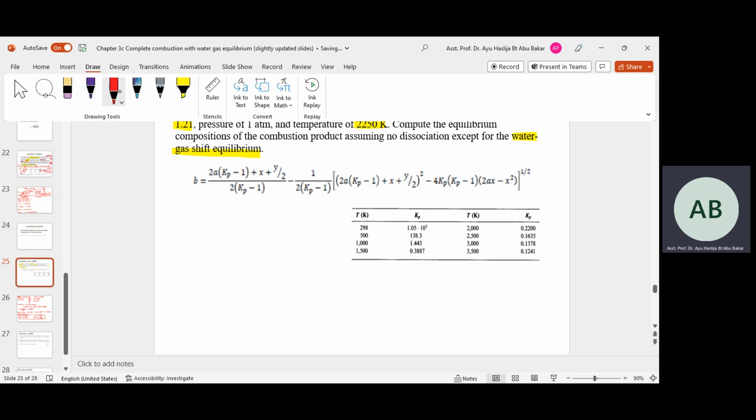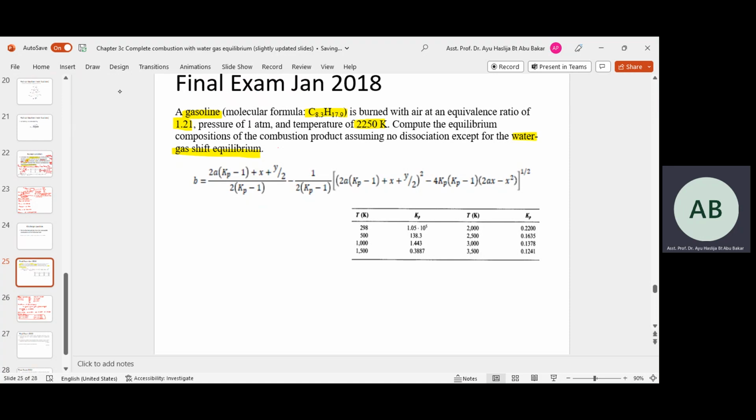From that statement, it shows that this is incomplete combustion, because water gas shift reaction occurs in incomplete combustion only. Okay, where the CO reacts with H2O to form CO2 and H2.